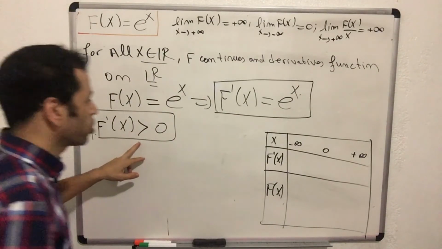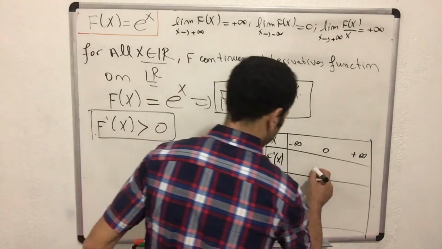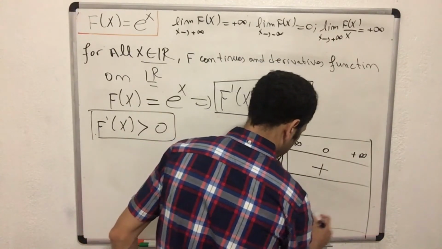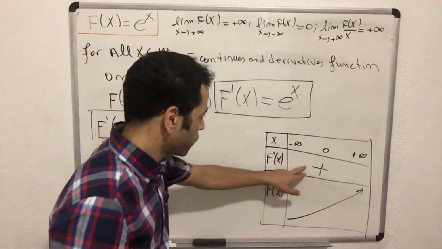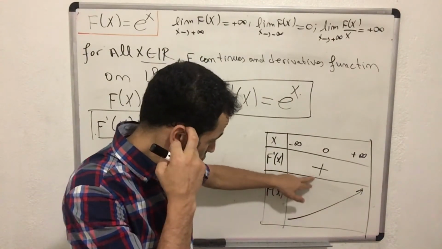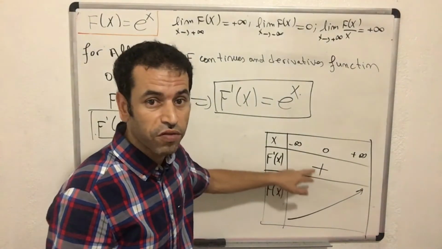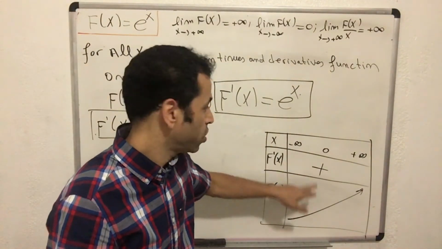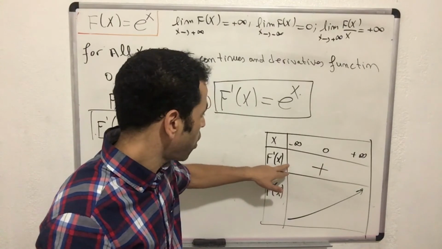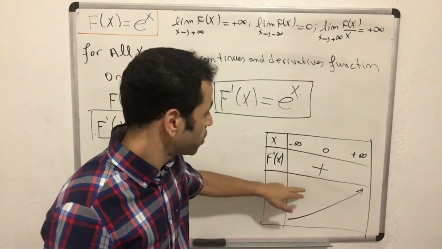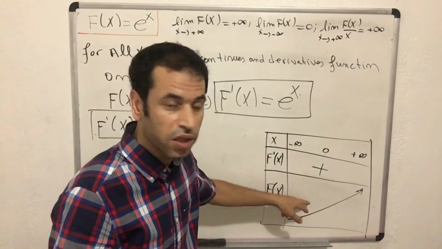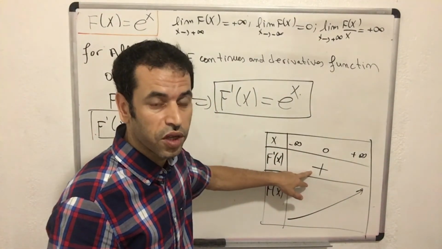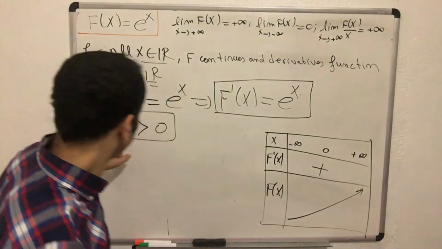The function is strictly superior to 0, which is positive. Our function is increasing. This sign determines the direction of the function. If this sign is positive, that means the function is increasing on this interval. If f prime of x is negative, that means the function is decreasing on this interval. That's the role of determining the sign of f prime of x.